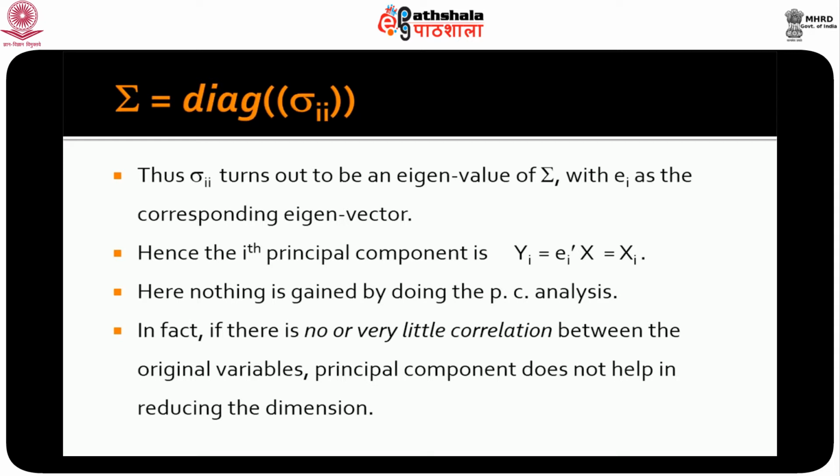Mind you, in this case the variables are uncorrelated among themselves. If there is no correlation among the variables, there is no common factor among them, and hence the variables themselves turn out to be their principal components. So, we do not really do a principal component analysis when the variables are uncorrelated with each other.